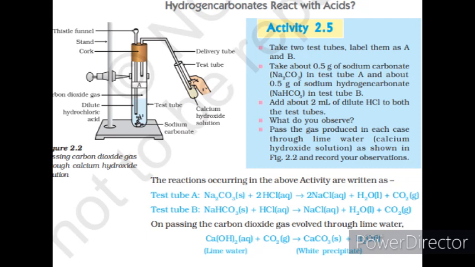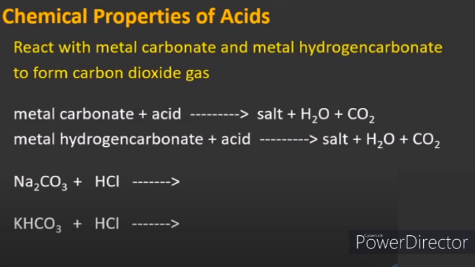with water. Now let's see a few more examples of metal hydrogen carbonate or metal carbonate with acids. So here we have two reactions and one general formula. The general formula: when a metal carbonate reacts with acid, the products are salt, water and carbon dioxide.